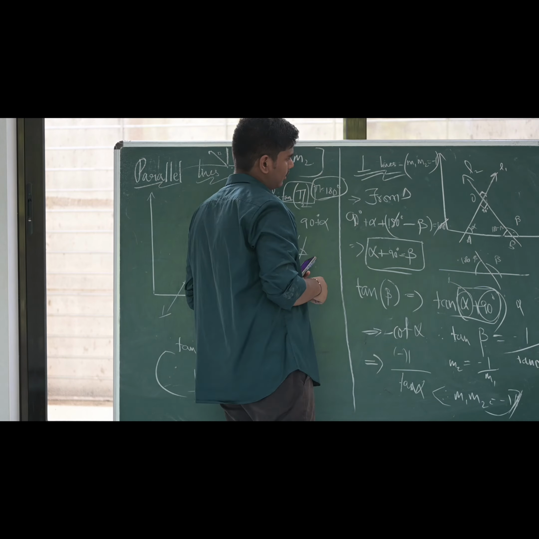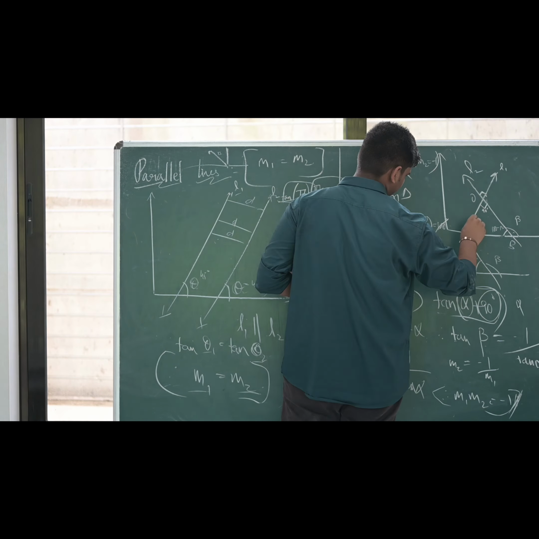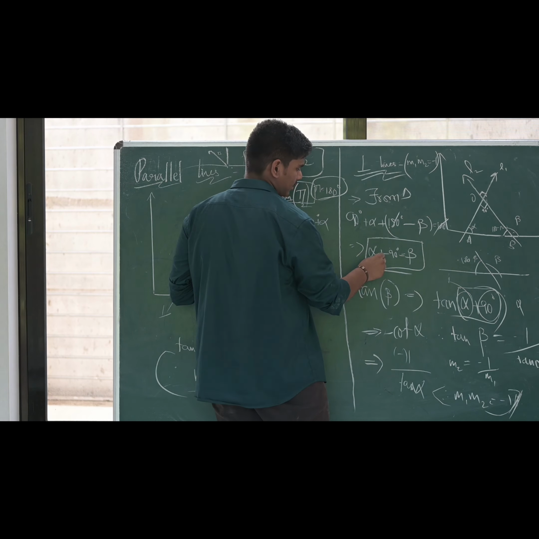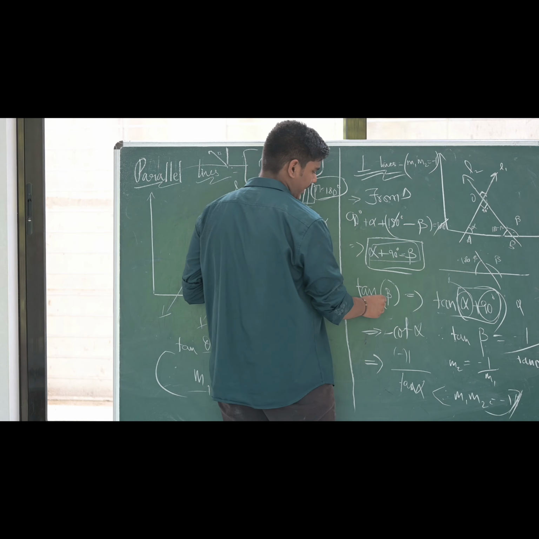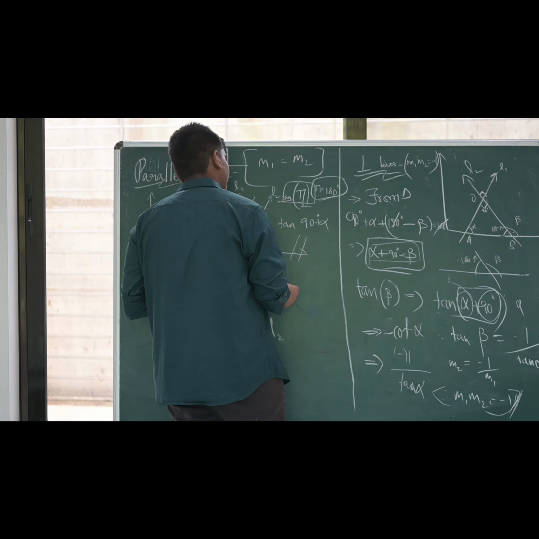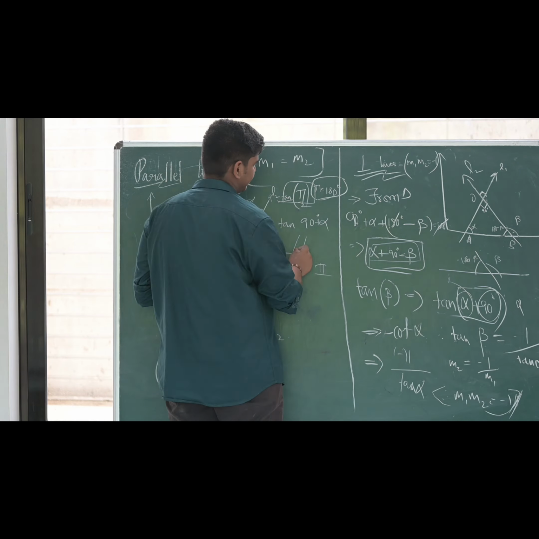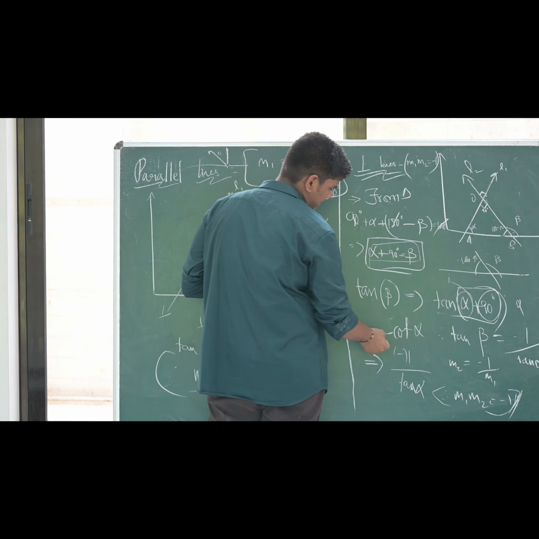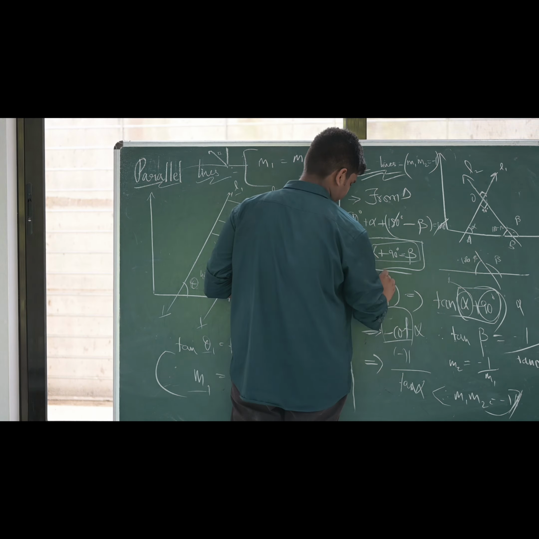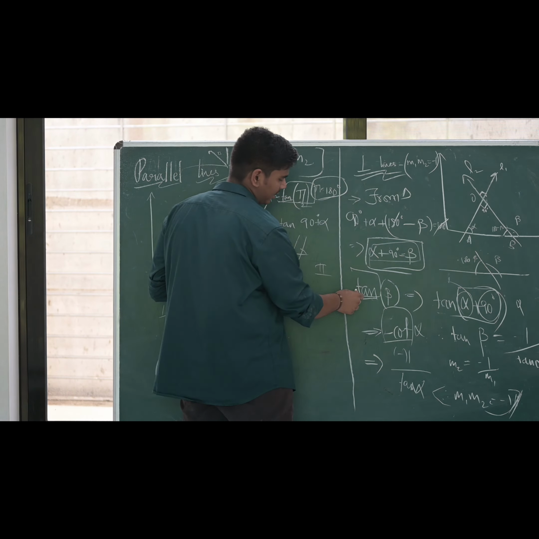Let's see why. We have to consider this triangle first. We have to find the angle 180 minus beta. Now we have to substitute the beta value in tan beta: alpha plus 90. Tan of 90 plus alpha falls in the second quadrant. Since it is pi by 2, you will change the function, tan to cot.